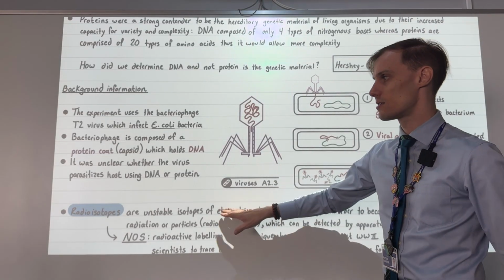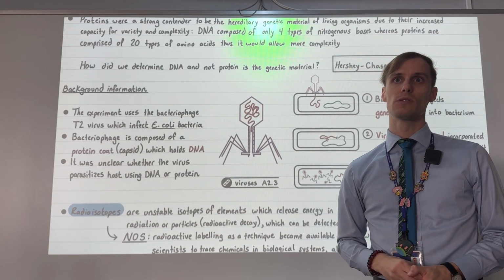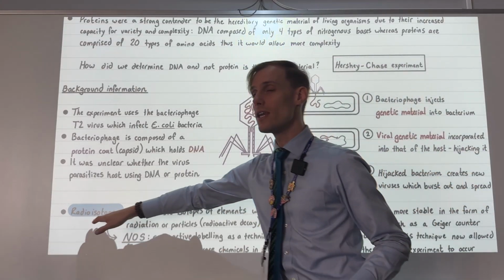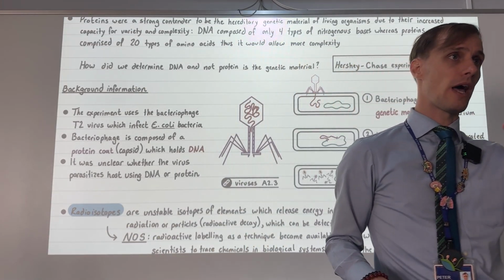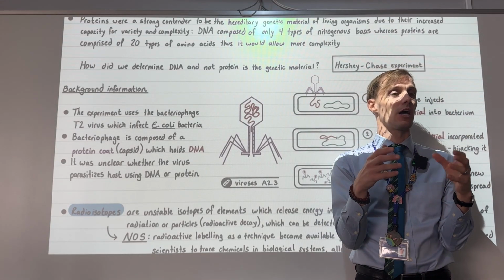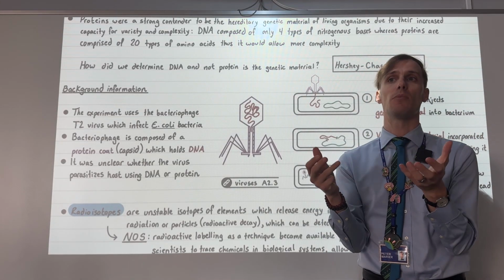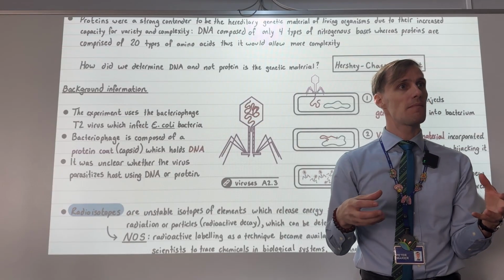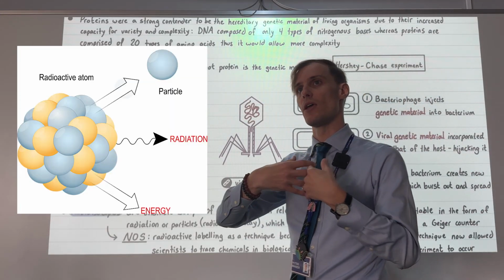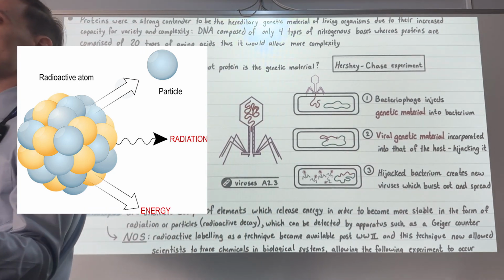And in this case, it's about radioisotopes. We've discussed isotopes previously. Now a radioisotope is a special kind of isotope where one of its isotopic configurations is unstable or radioactive. That means it will undergo what's called radioactive decay, where it will emit radiation or energy.